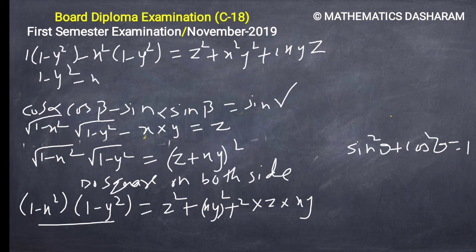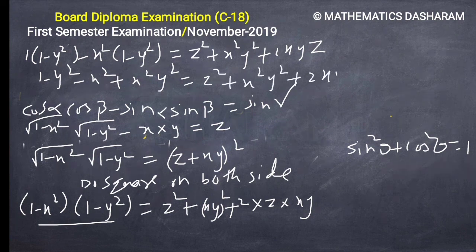Next, minus x square plus x square into y square, equals z square plus x square y square plus 2xyz.